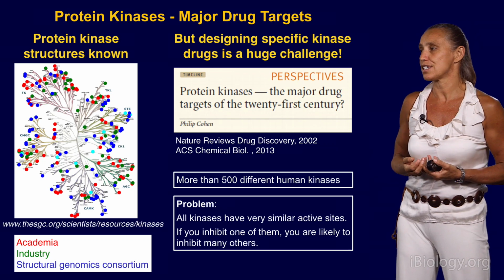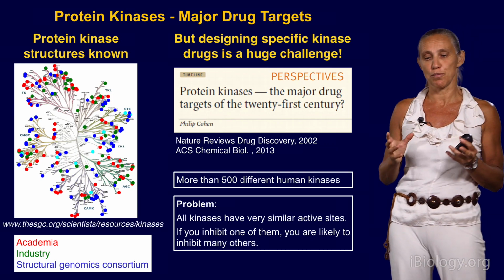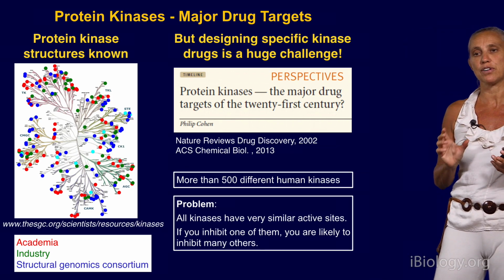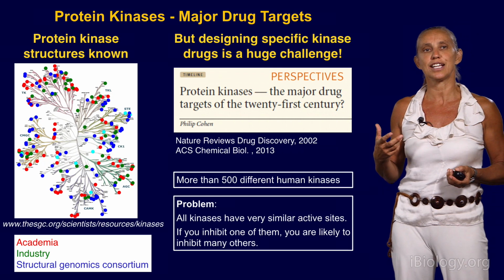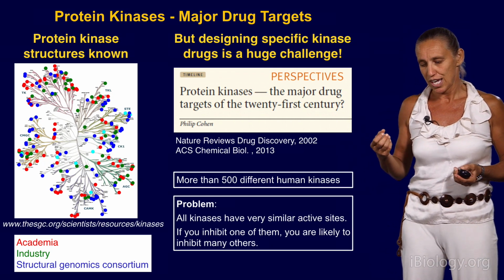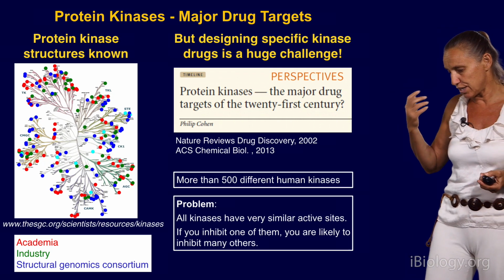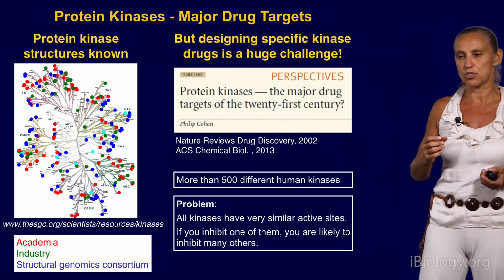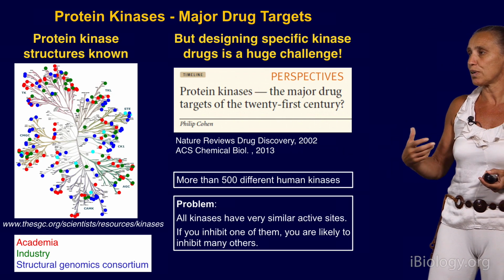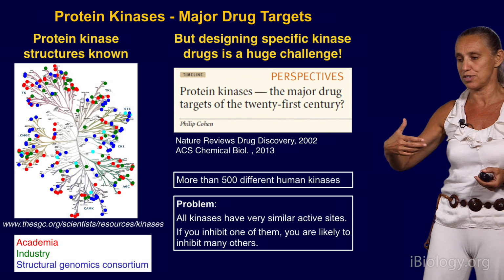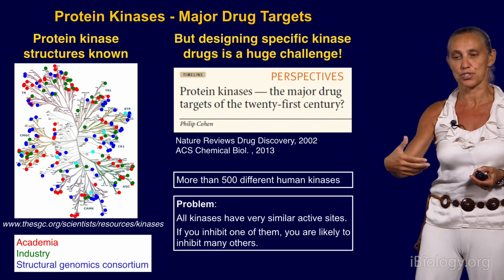And one of the reasons is that all kinases have a very similar fold, in particular a very similar active site, because they catalyze the same chemical reactions. And the major efforts in pharma and biotech have been to target that active site. So quite often, if you inhibit one kinase, it will also inhibit others.